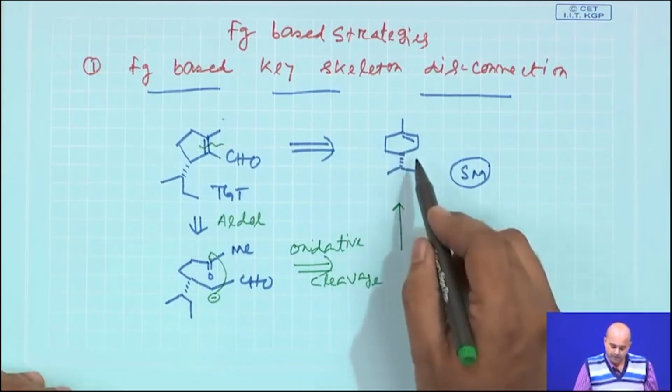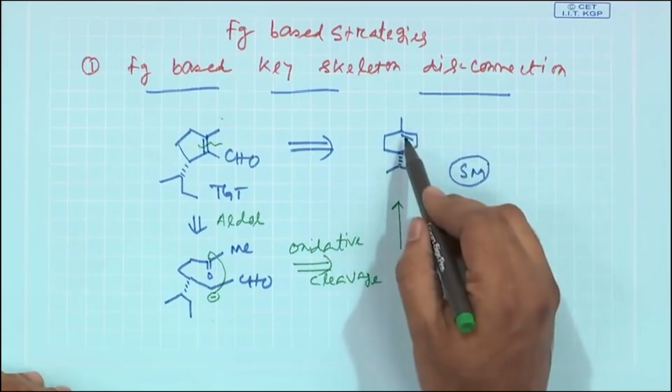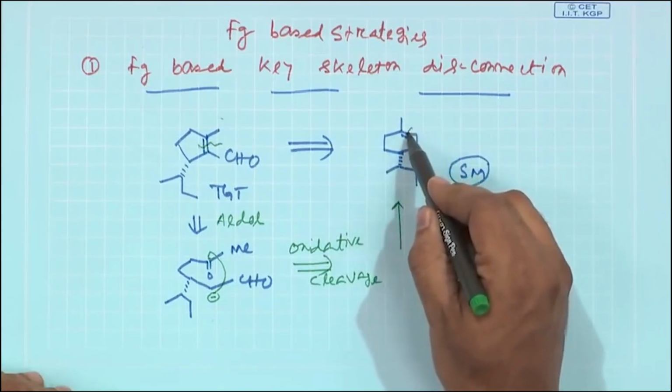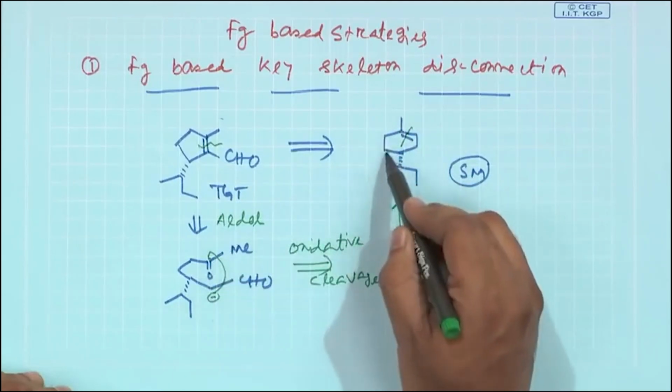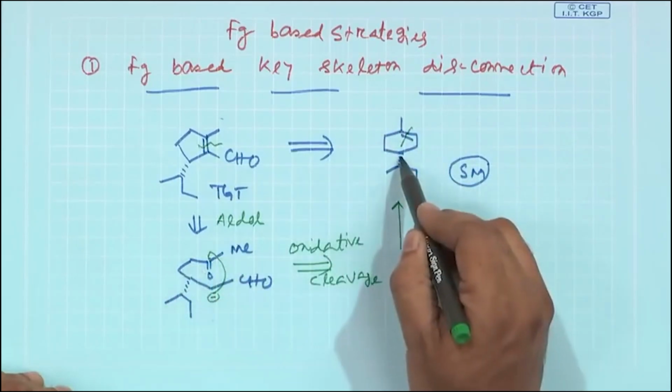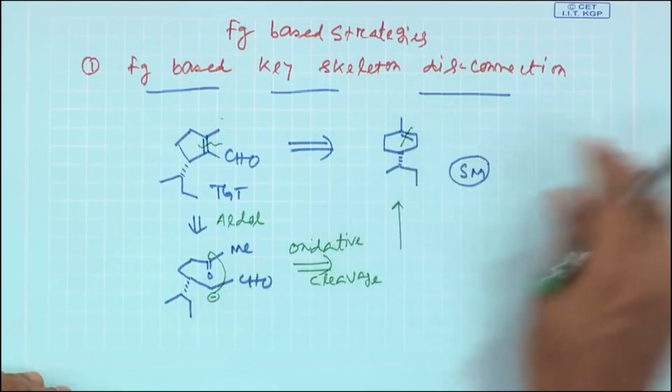If you do an oxidative cleavage such as ozonolysis, this double bond will be chopped, and your hanging appendage with the proper stereo center will remain unaffected, and then you get CH2CHO, CH2CHO.